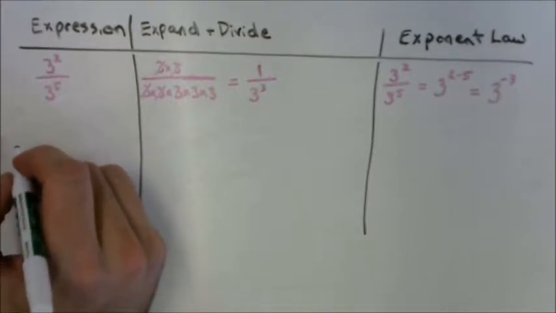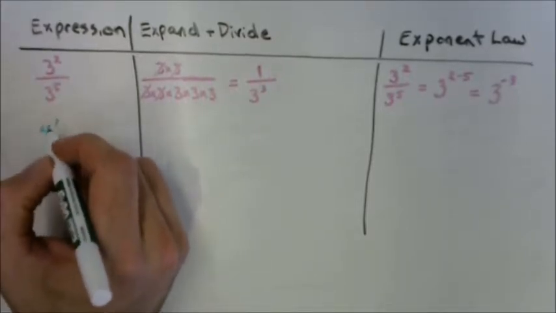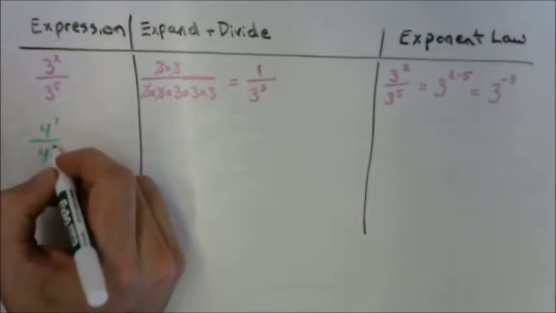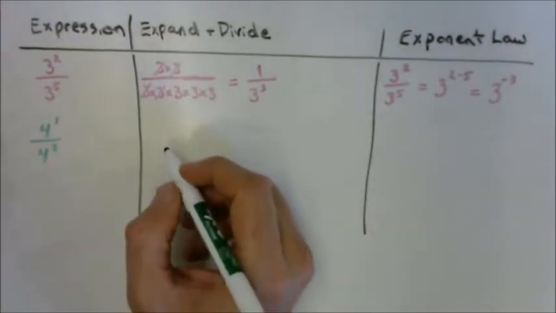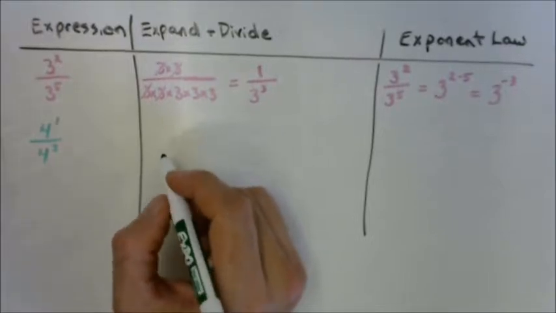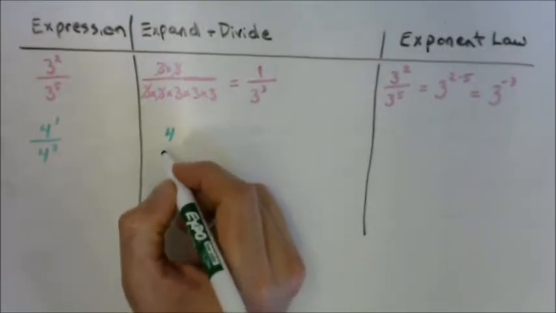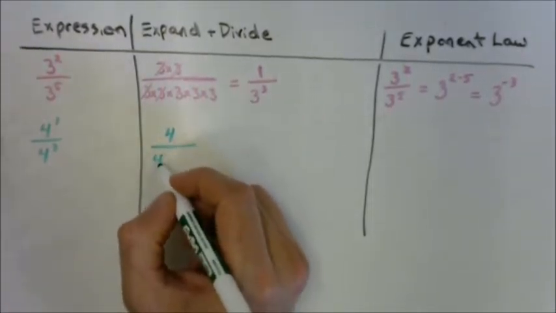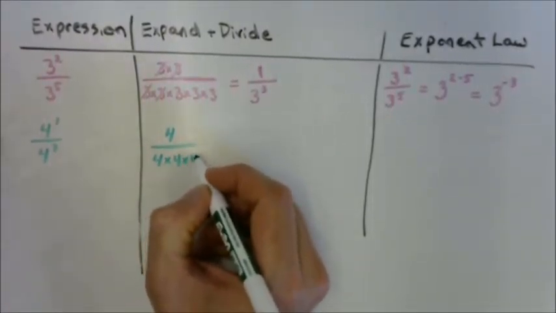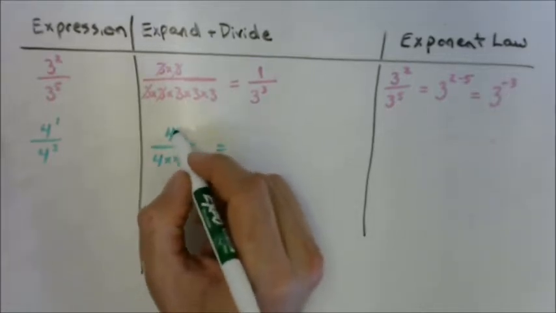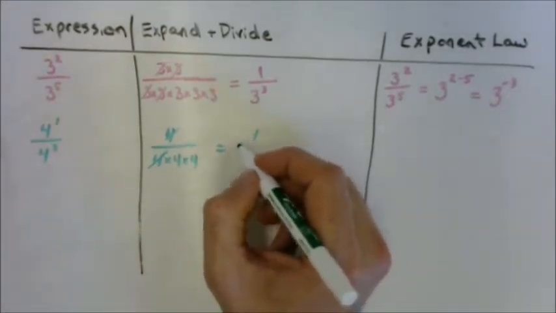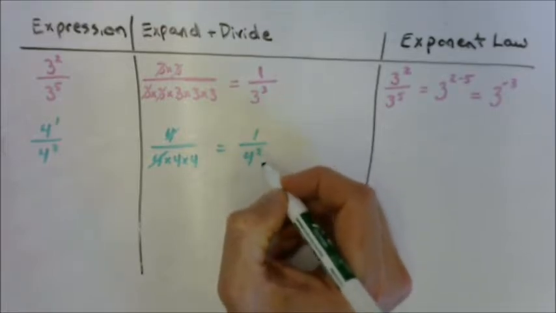We're going to do 4 to the power of 1 over 4 to the power of 3. Well, if we expand that one and divide it out, the numerator is just 4 once, and the denominator is 4 times 4 times 4. Two of these 4's cancel out, one in the top, one in the bottom, and we're left with 1 over 4 squared.